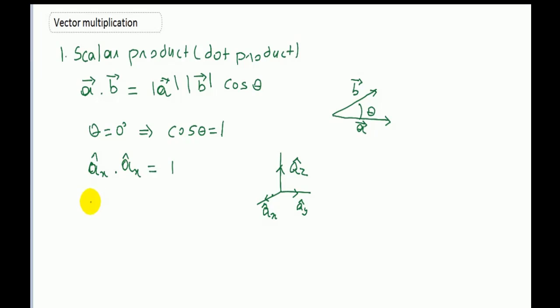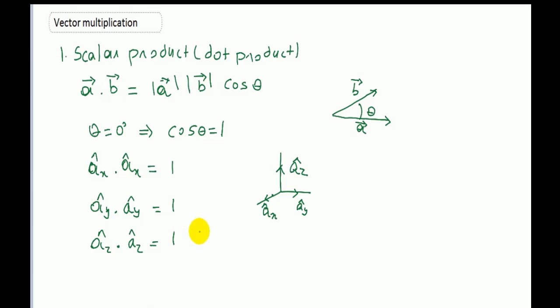Similarly, ay cap dot ay cap, then also I will get 1, and az cap dot az cap will also be 1.